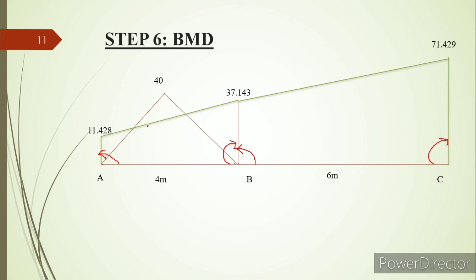Therefore, this is the bending moment diagram due to external load along span AB. Similarly, along span BC there is a UDL of 20 kilonewton per meter acting. Therefore, the bending moment diagram will be a parabola with a maximum ordinate of 90 kilonewton meter at the center. So this is the net bending moment diagram.